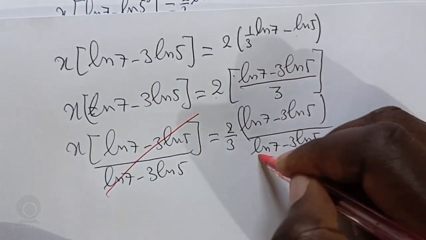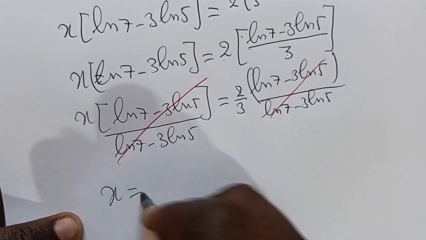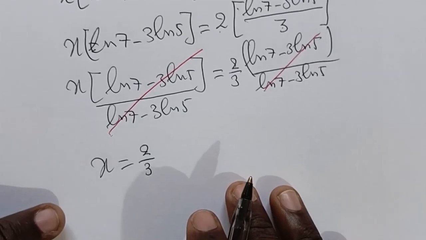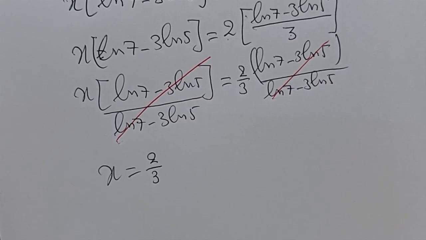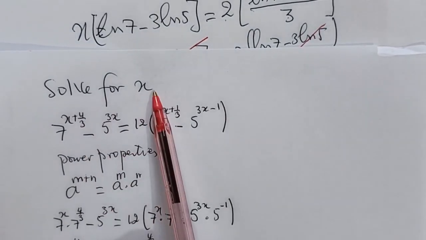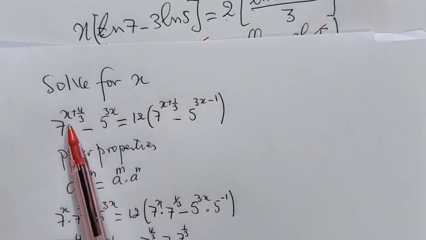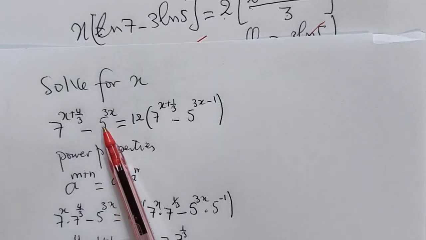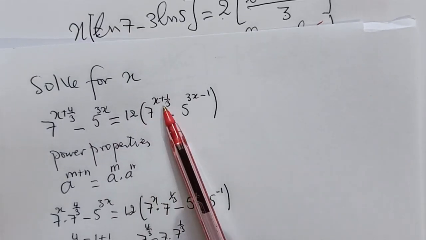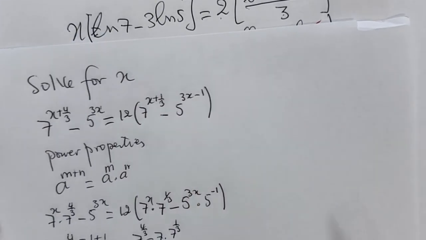This simplifies this and this simplifies this. The x value will stay as 2 over 3. Here is the answer to the question we had. Remember, the question was to solve for x. The equation 7 raised to x plus 4 over 3 minus 5 raised to 3x, which is equal to 12 into 7 raised to x plus 1 over 3 minus 5 raised to 3x minus 1.